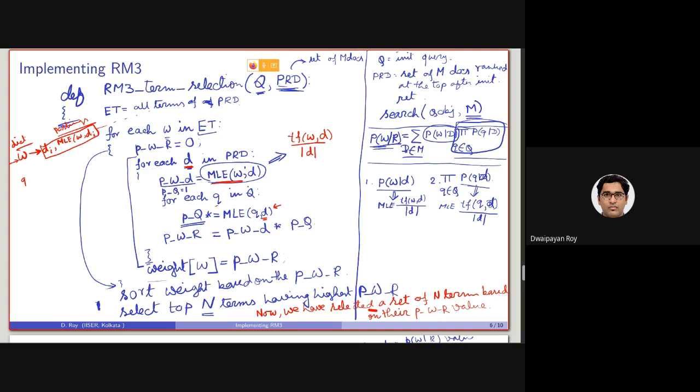Again, I'm repeating: in the first place, we select W, then compute the MLE of W in D. Here D is selected, but Q is something else. Q is inside, so we are computing in that document the MLE of Q. And that's it. This is very useful in order to implement this.